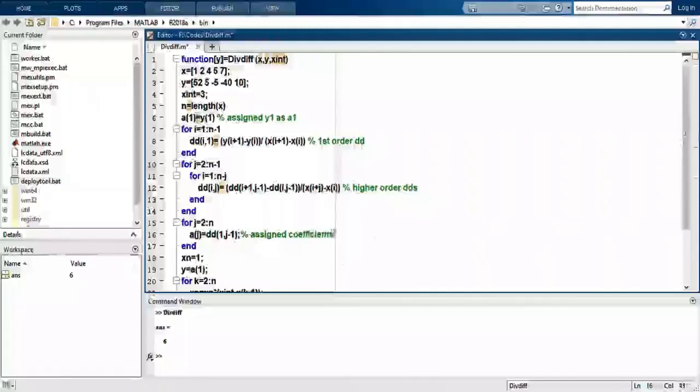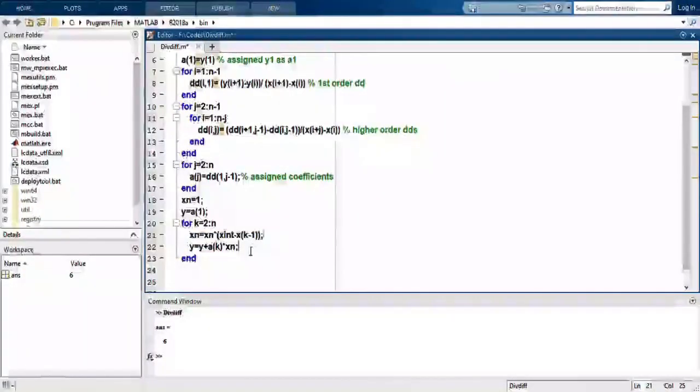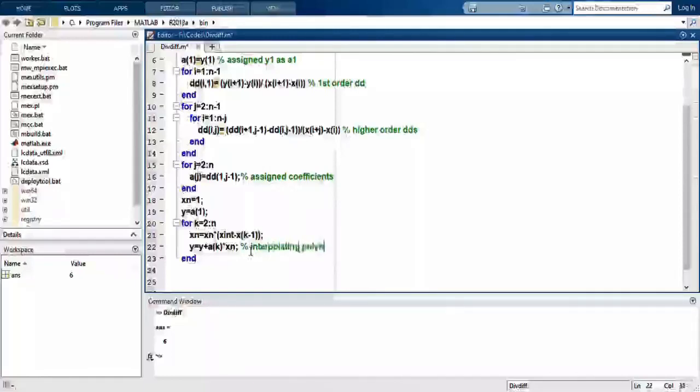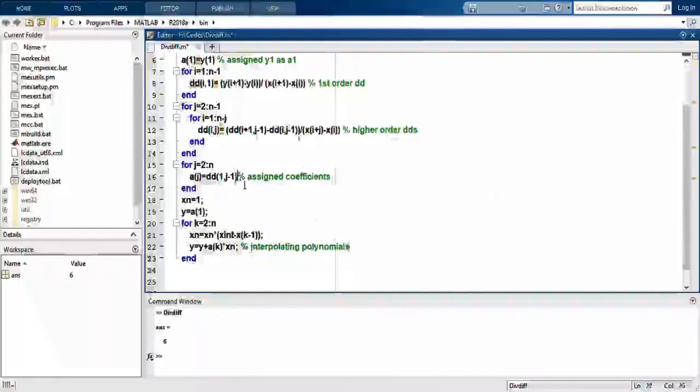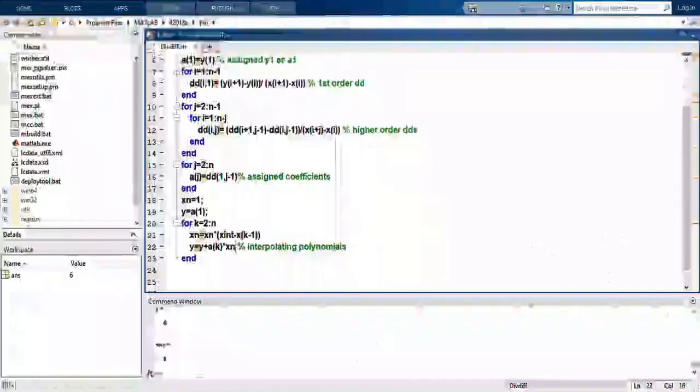And this step is for interpolating polynomials. Okay, so if we want that, then higher order divided differences, then assigned operators, and then you can also use these type of terms, and then this one.